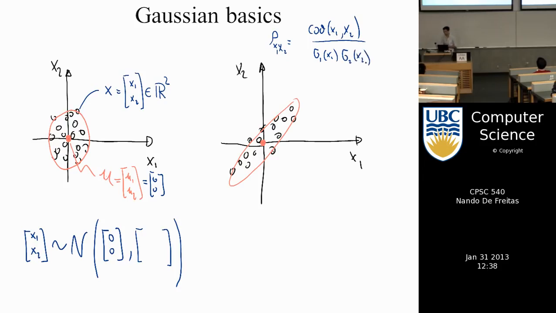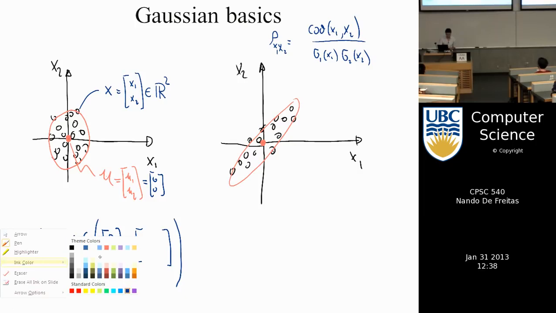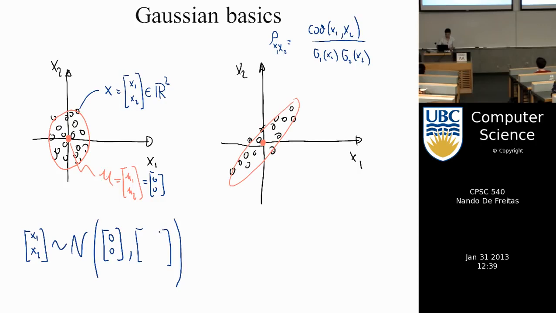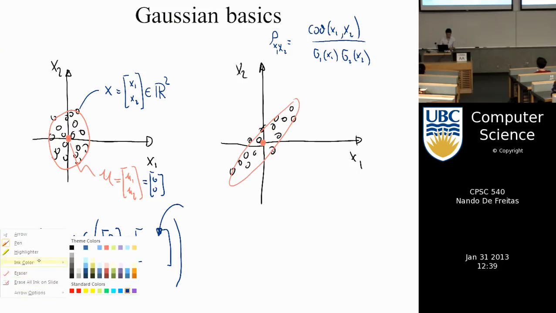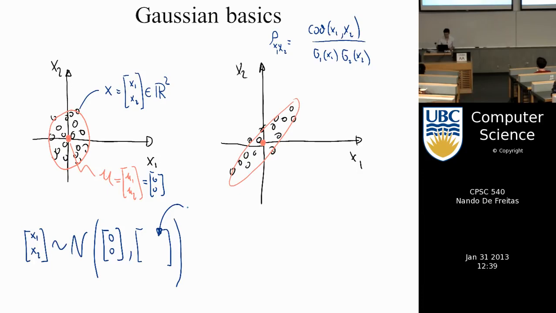Now, what are all these quantities? The covariance is the term that goes inside, the covariances are the terms that go inside this matrix. They are the expectations.